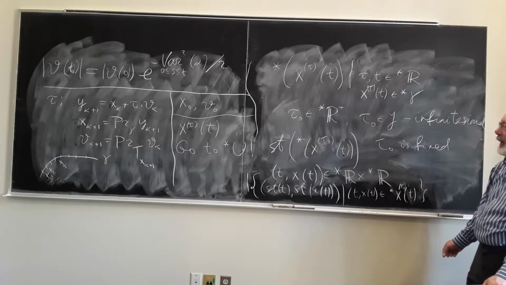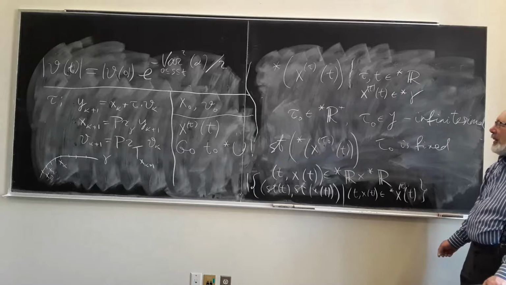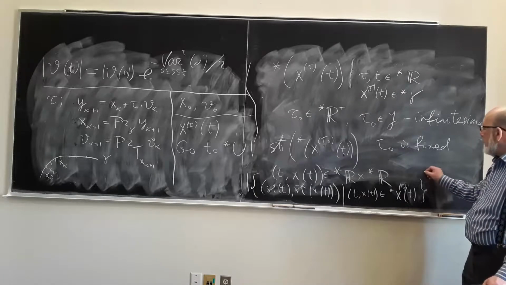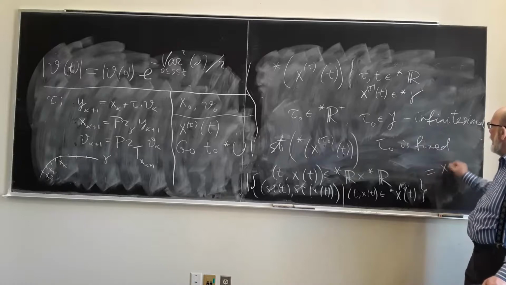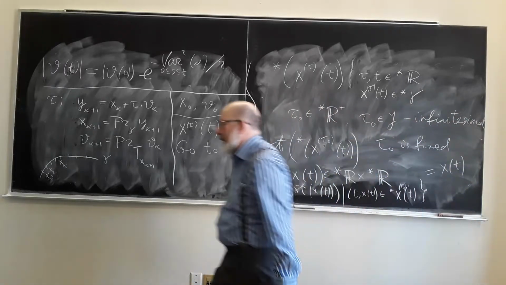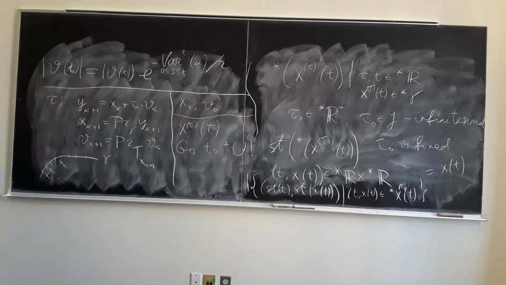So what we get is x of t, our trajectory. Again, for different models and different infinitesimal steps to 0, we have different solutions.